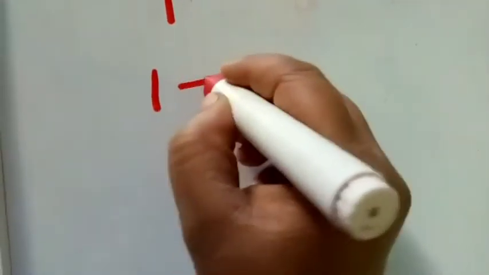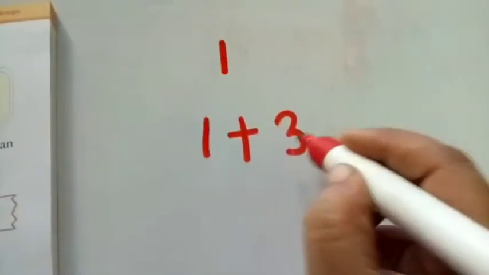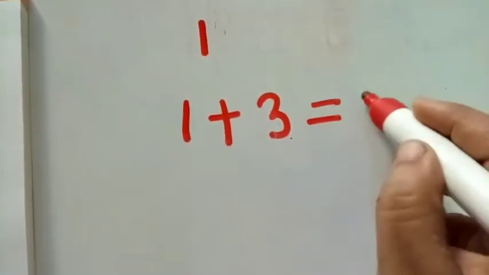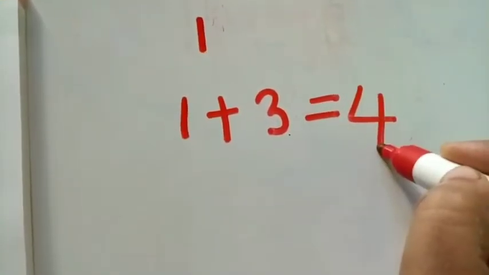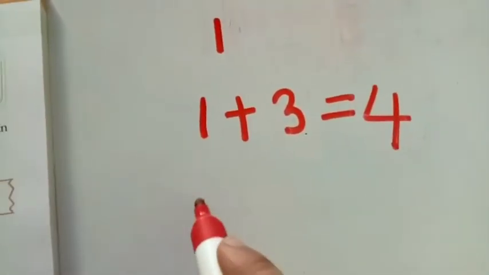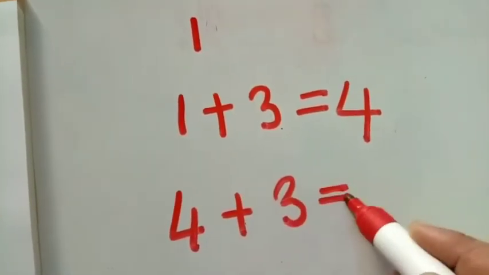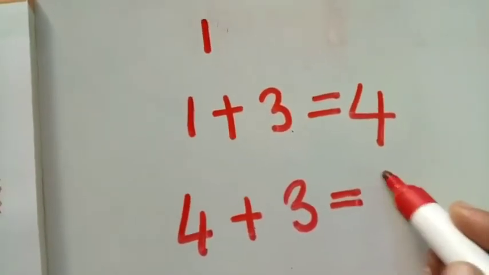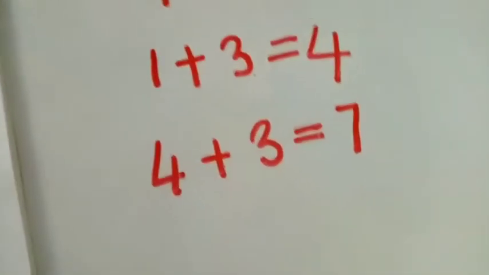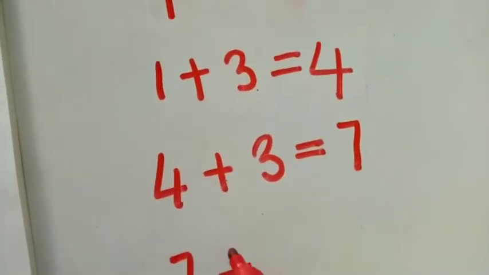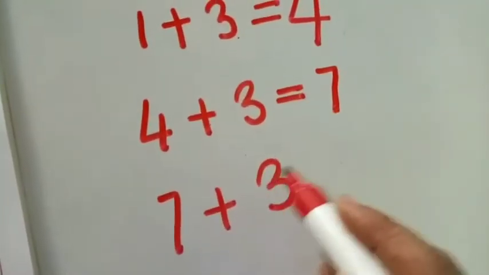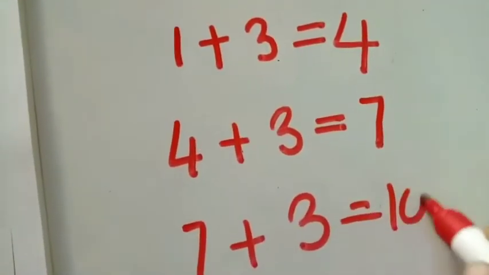So 1 plus 3 is equal to 4. 4 plus 3 is 7. 7 plus 3 is 10.